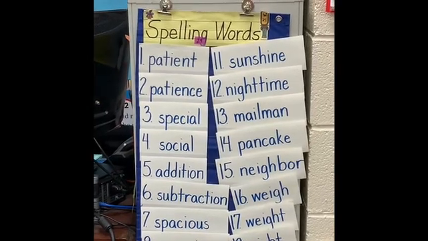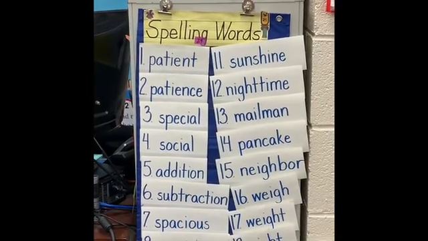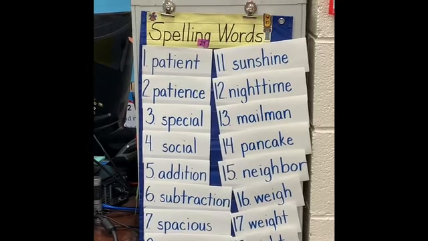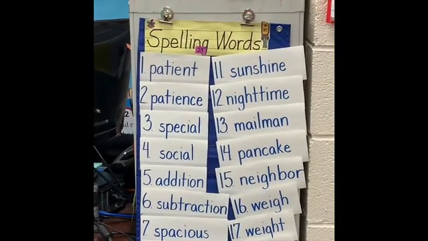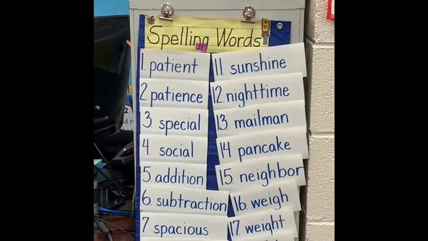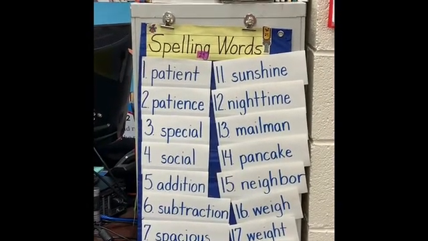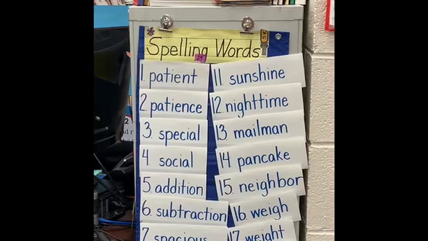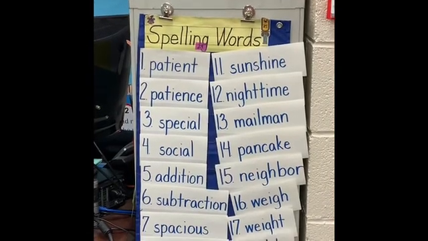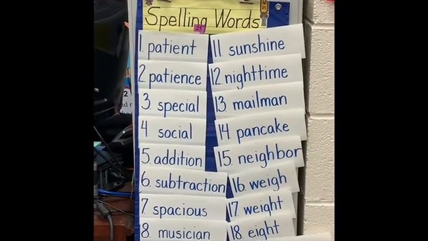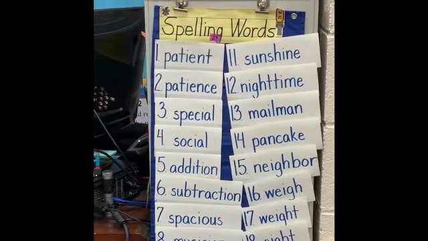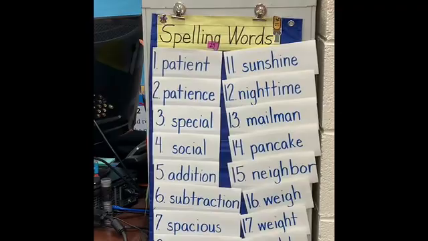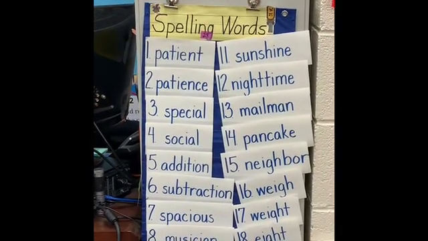Deuteronomy, capital D. Deuteronomy. Joshua, capital J. Joshua. Boys and girls, I hope you notice the many compound words that are in our spelling list this week. See if you can find them.